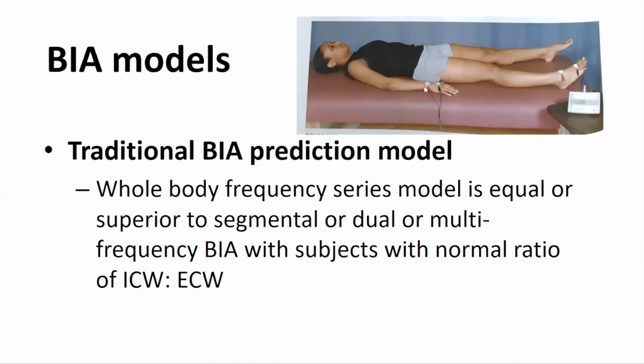Then you would attach electrodes to the individual, and then this machine would send an undetectable electrical current that you cannot feel through the body and give you the percent body fat based upon the speed of that current.